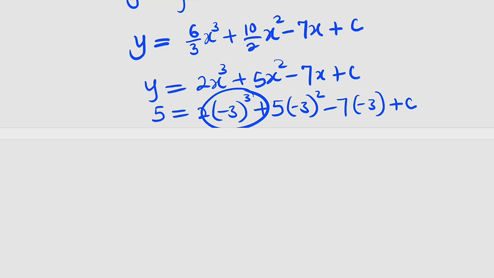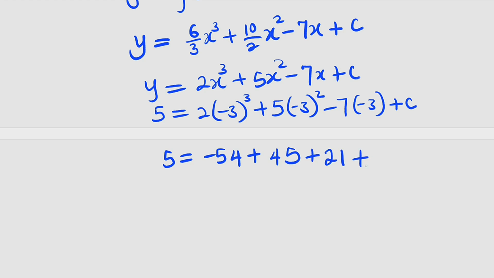Negative 3 to the third power is negative 27, and negative 27 times 2 is negative 54. So 5 equal to negative 54 plus negative 3 squared is 9, and 9 times 5 is 45. Then minus minus is plus, 7 times 3 is 21, then plus c. We have 45 plus 21, which is 66, and 66 minus 54 is equal to 12.